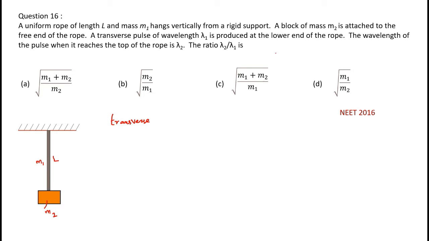Transverse pulse. The formula for velocity is root of T by mu. T here is tension, and this mu, it's not refractive index, it is what is known as linear density.